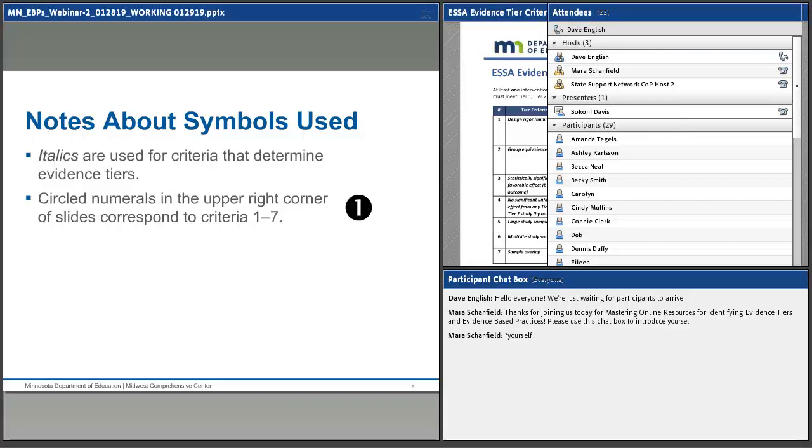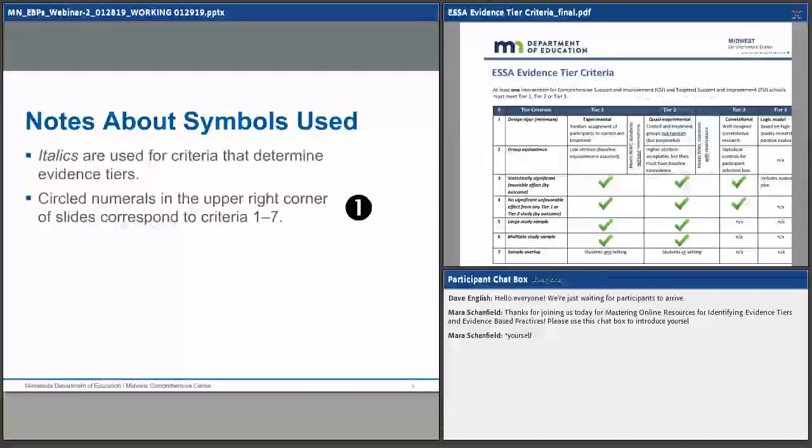A couple of other things to note. You will see italics throughout the presentation. Wherever you see italics, that's going to refer to different criteria for the evidence tiers. And by that, I mean the criteria that are in this handy table that you can also view on the screen here. You see a table that says ESSA evidence tier criteria, and we're going to be going through each of these 7 criteria.